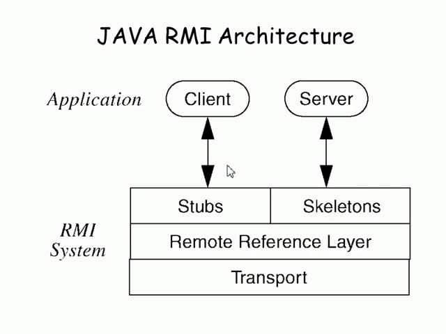The stubs and the skeletons represent what I call the proxy. So the stubs, which are created on the client, handle all of the communications through the remote reference layer. The skeletons receive these communications and then communicate to the server so that instances can be invoked remotely.